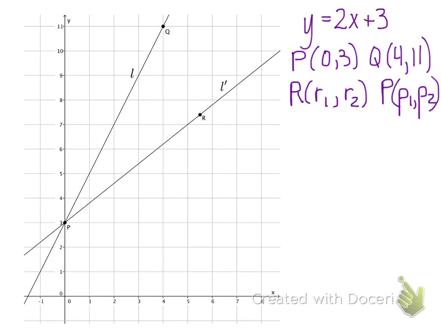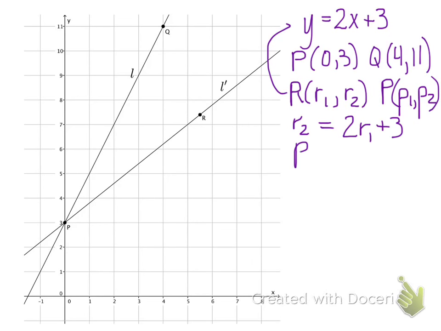Okay, so we're going to talk about point R, which has coordinates R1, R2, and point P, which has coordinates P1, P2. And we know that since R2 is a solution to this equation here, R2, which is the y-coordinate, has to equal 2 times R1 plus 3.